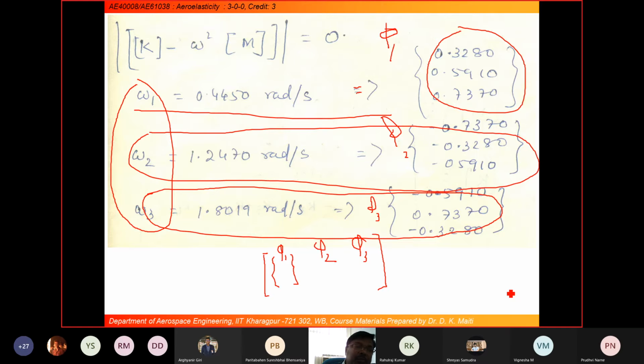That means phi 1 transpose into phi 2 should be equal to 0. Similarly, phi 2 transpose phi 1 will be equal to 0, and phi 3 transpose into phi 2 equal to 0. That means off diagonal terms will be 0.